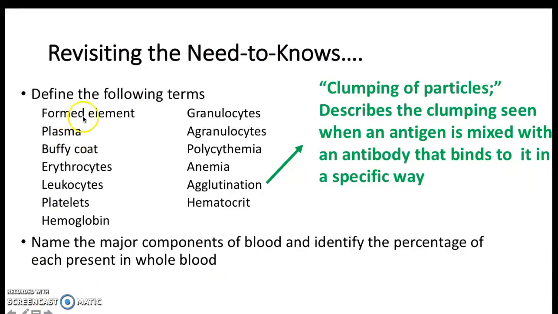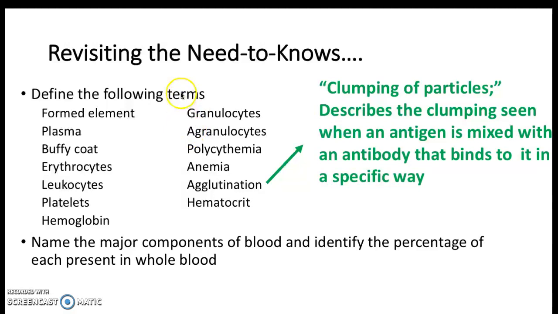Okay. So revisiting our need to knows, we saw that formed elements include our cellular elements, and we can divide the cellular elements into erythrocytes and leukocytes, the red blood cells and the white blood cells. We can divide the leukocytes into two large categories, granulocytes and agranulocytes.